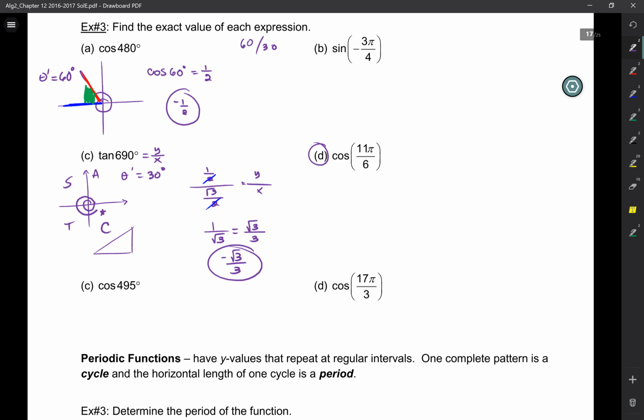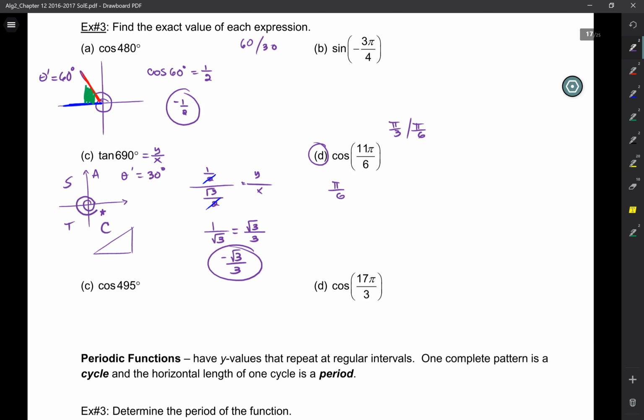If you have 11 pi over 6, how would you find the reference angle? It's pi over 6. That's all it is. It's pi over 6, which is the smaller angle between the pi over 3 and the pi over 6.